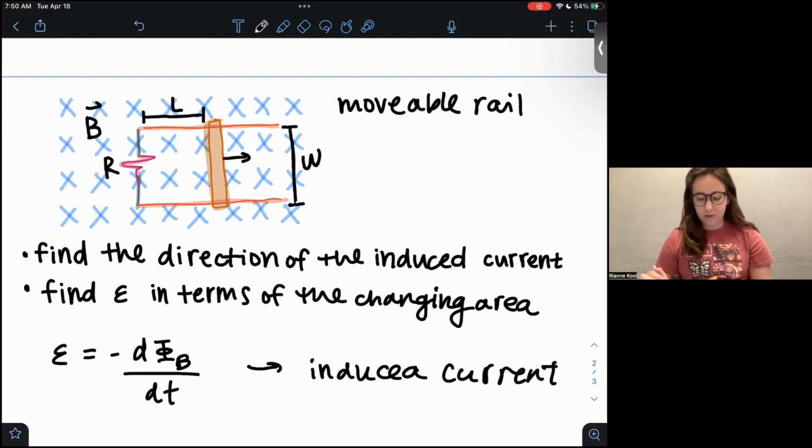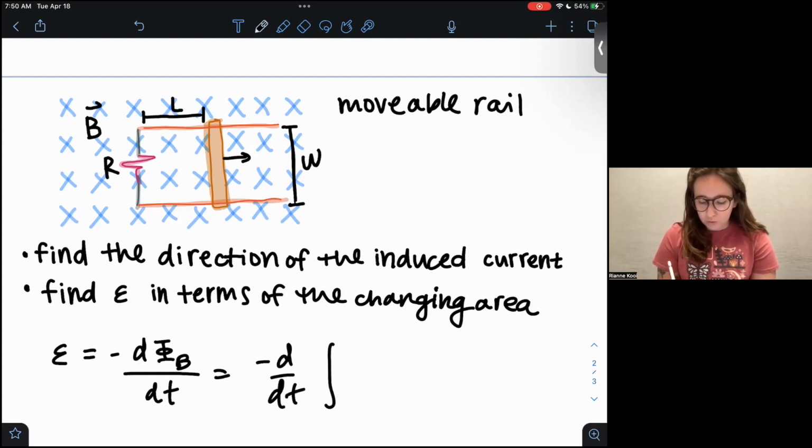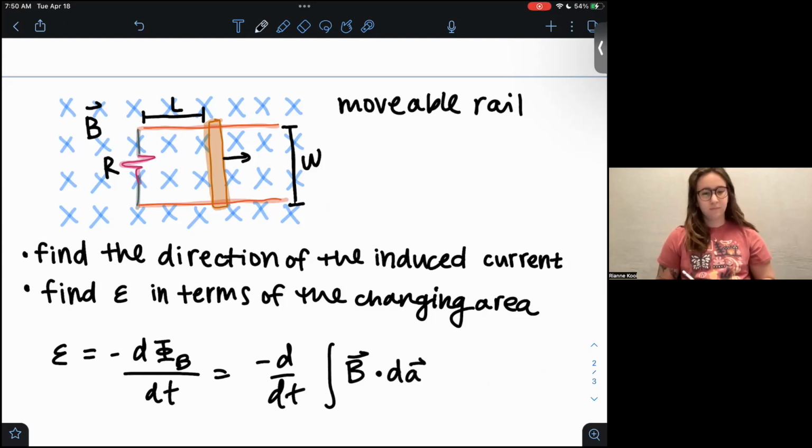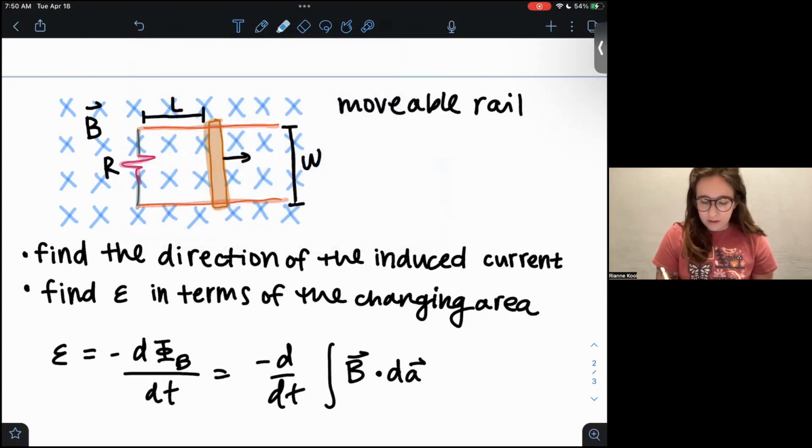Another way you can think about this is we can rewrite this as negative d/dt of the integral of B dot dA.